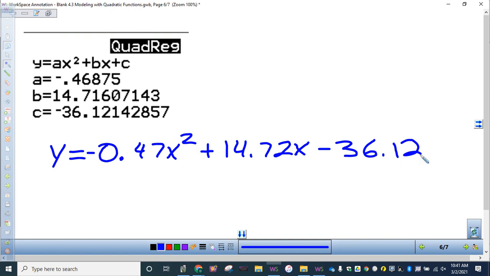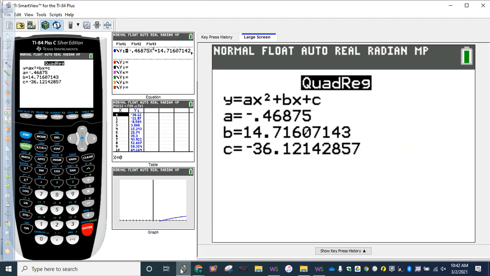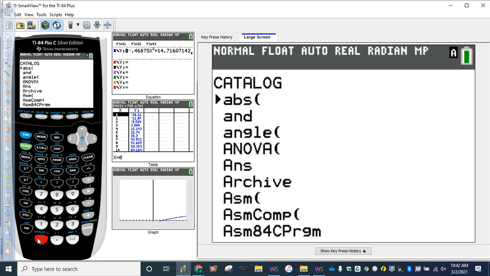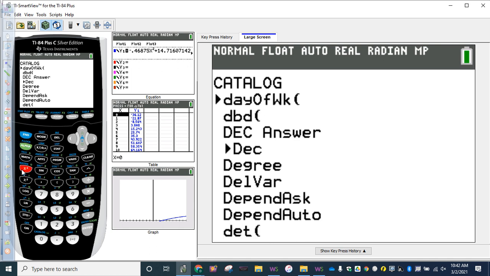There's our equation, okay? Many of you could see the correlation. I reset my calculator so I have to turn on my correlation again. Give me 1 sec to do that. Super fast calculator.